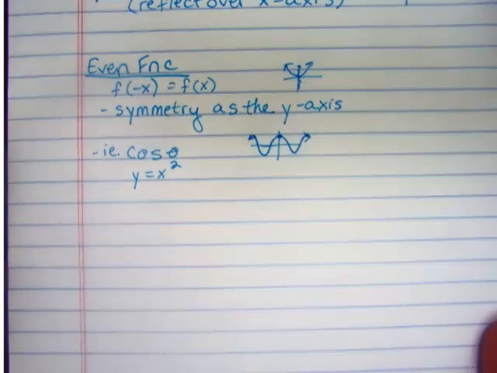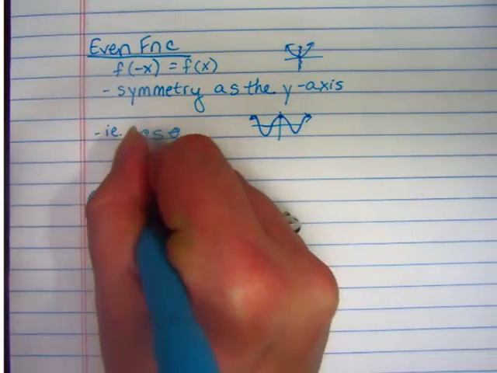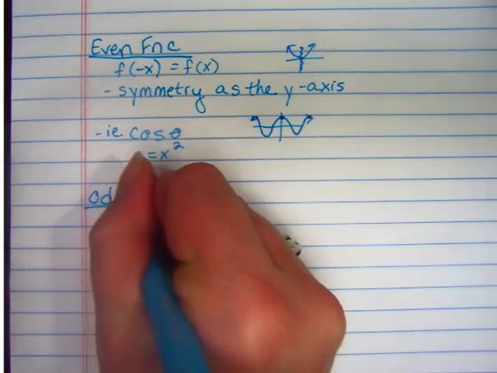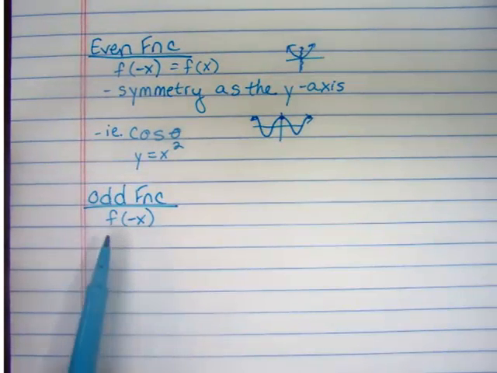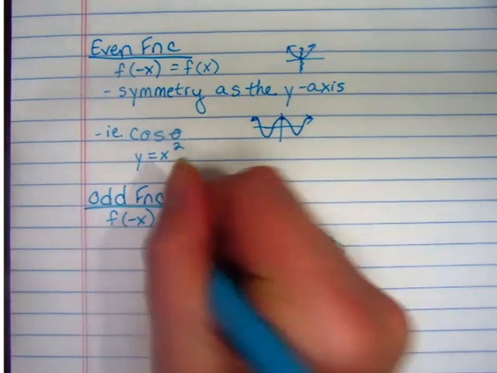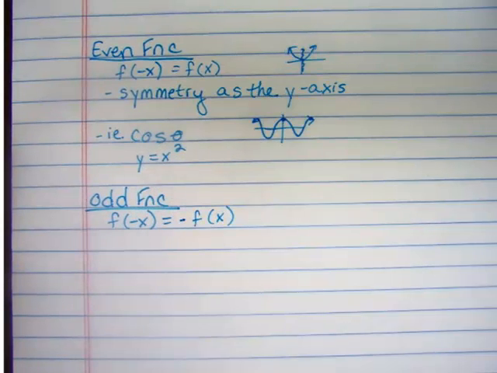An odd function occurs when I take f of negative x. So I change my x value and I make it negative. The result, the outcome value, is a negative 1 times the y value if I put in the positive x.